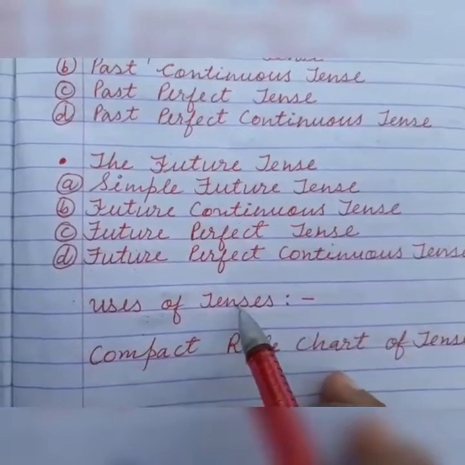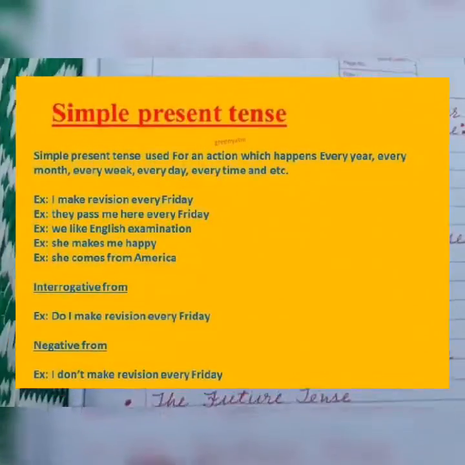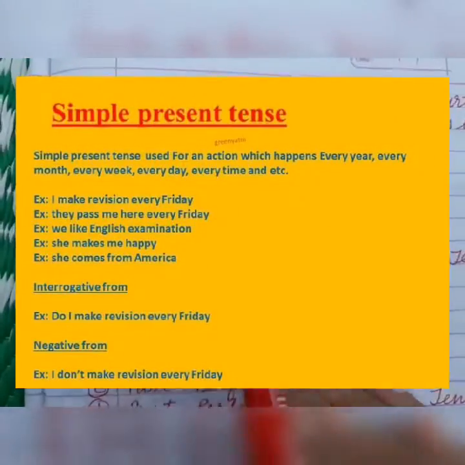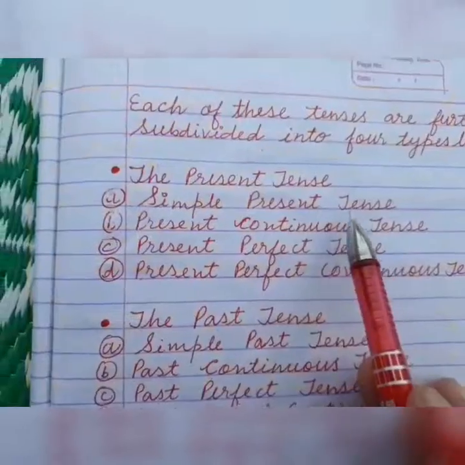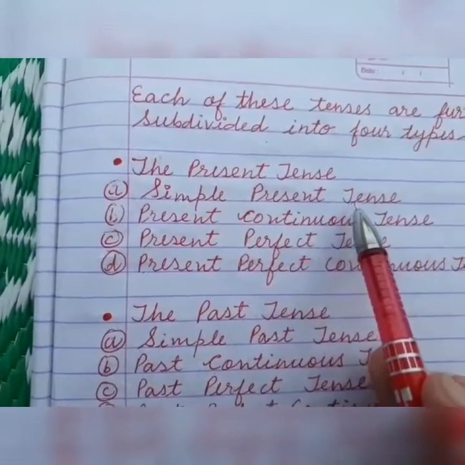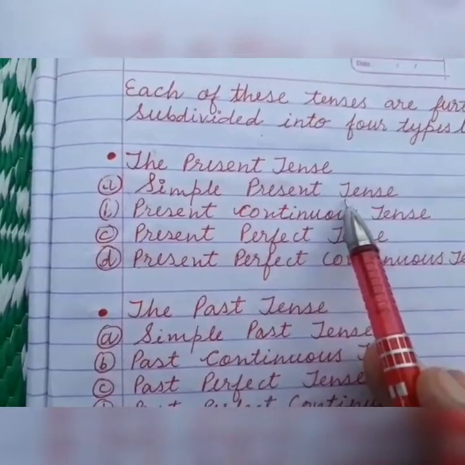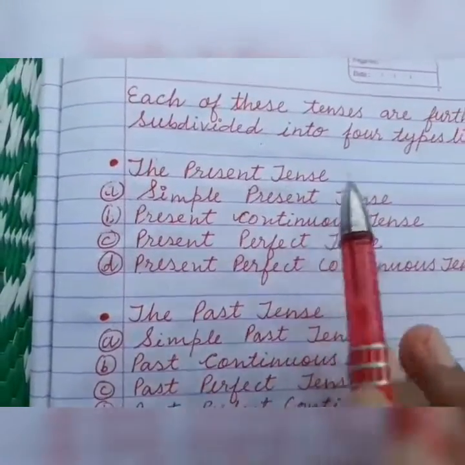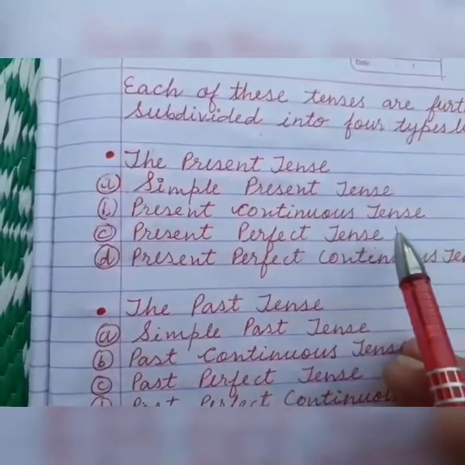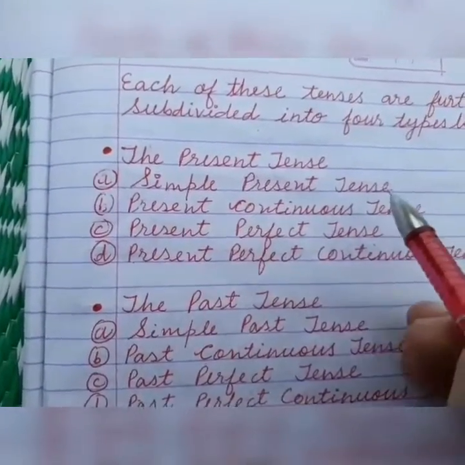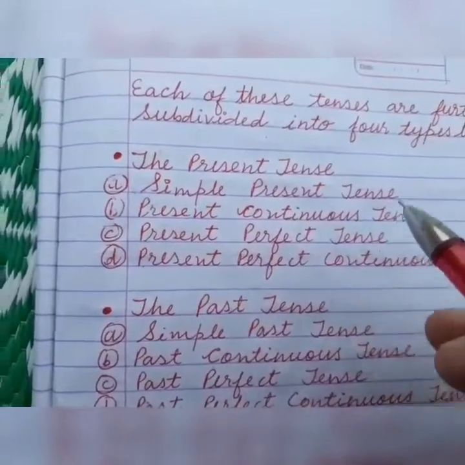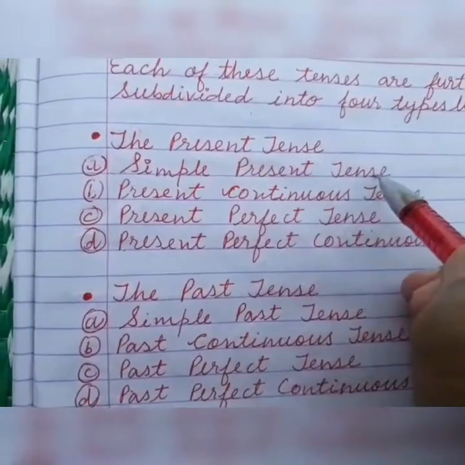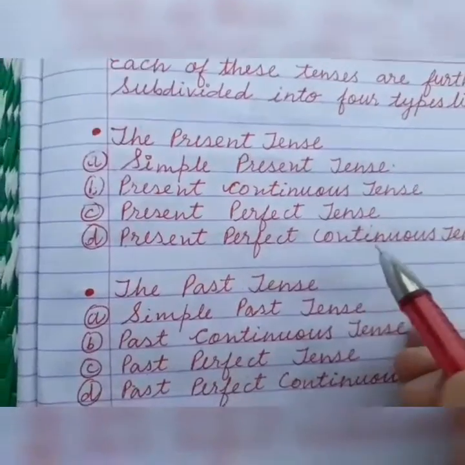And the uses of tense, you should understand very nicely. Simple present tense you use for permanent work or schedule or habit or any universal truth. If anything is permanent, if anything is universal, for that you should always use simple present tense.